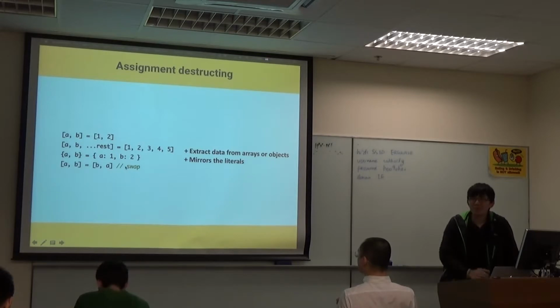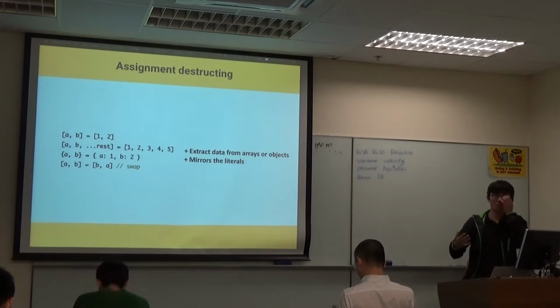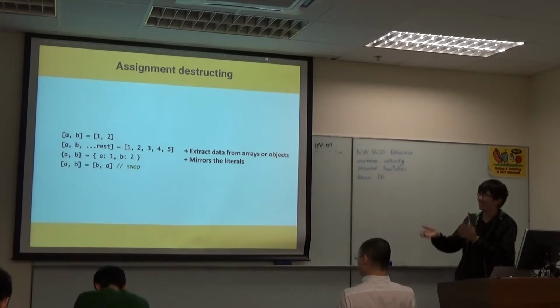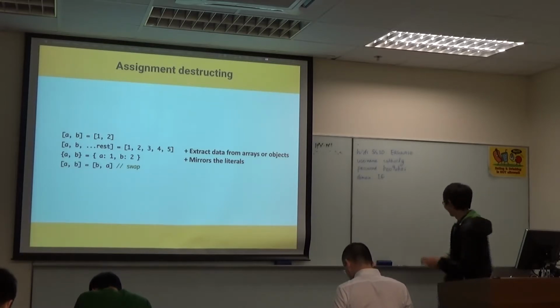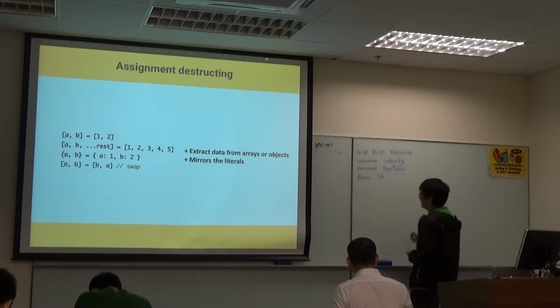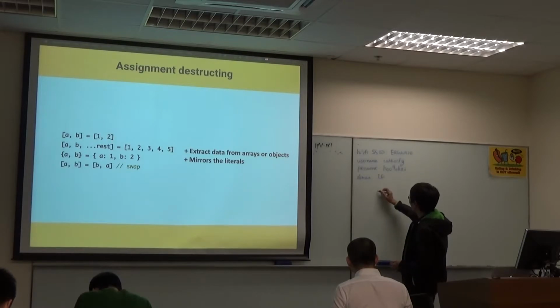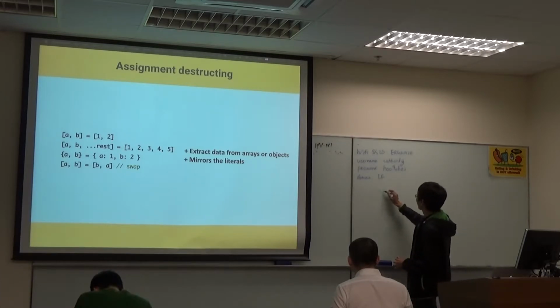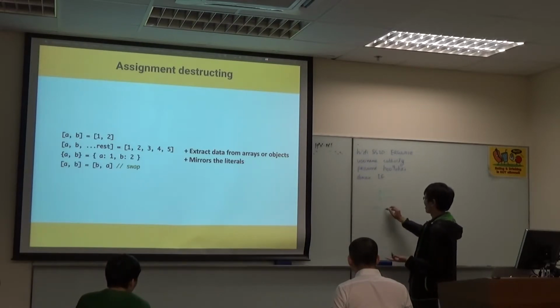And remember how we do swapping in JavaScript before ES6? So what we do, we assign a temporary variable, and assign one of the two. It's hard to explain, right? So, let's see. In ES5, how can we swap variables? Remember, we assign another one.